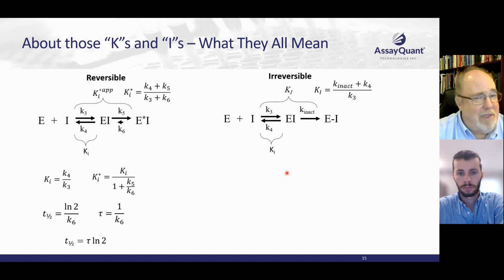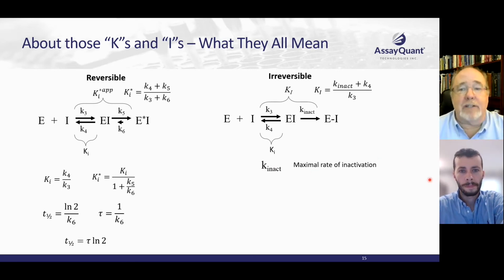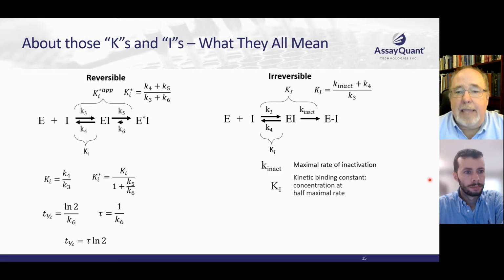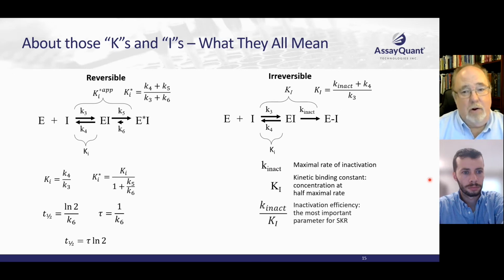All right, and it's important to separate those out in your mind. So K inact is the maximal rate of inactivation. K big I is the kinetic binding constant that defines the concentration at half the maximal inactivation rate. All right, that's K big I and all of that.